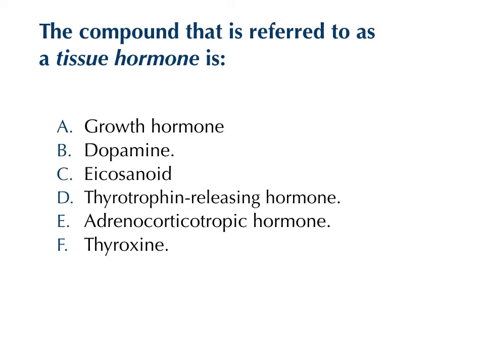The compound that is referred to as a tissue hormone is which of the following? Growth hormone, dopamine, eicosanoid, thyrotropin releasing hormone, adrenocorticotropic hormone, or thyroxine. And the tissue hormones are eicosanoids: the prostaglandins, the thromboxanes, and the leukotrienes.